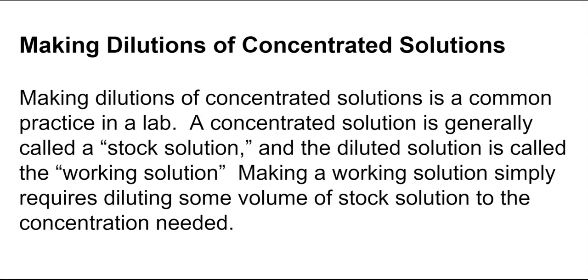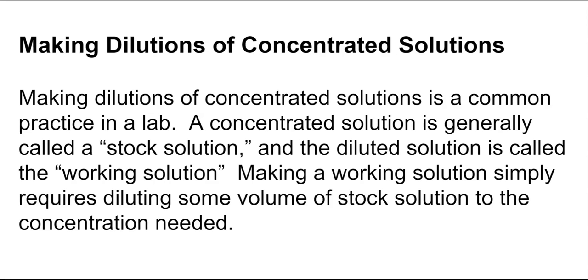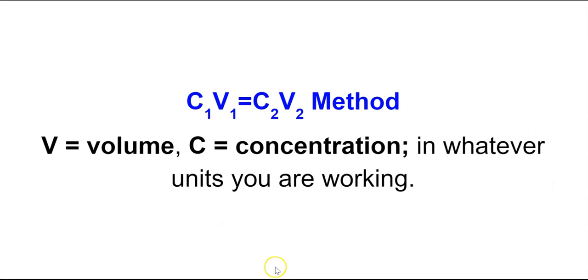So we actually call that concentrated solution a stock solution. In most labs, most of the stuff they have in the back is a concentrated solution or your stock solution, and then you dilute down from that. And it's actually pretty easy. You're going to follow the C1V1 equals C2V2 method.